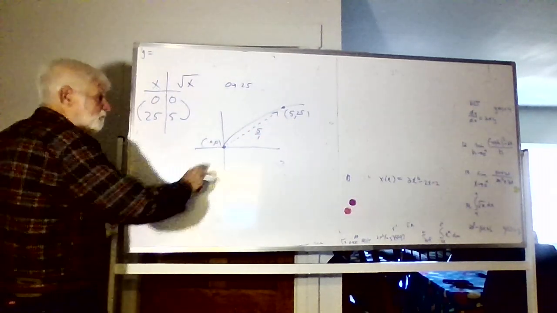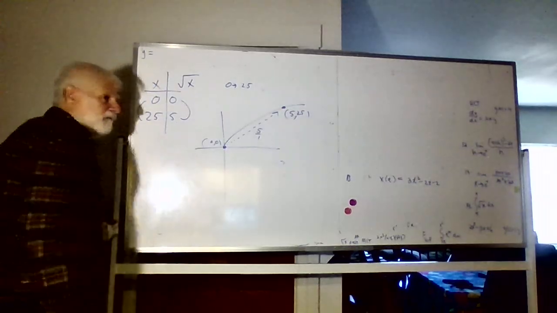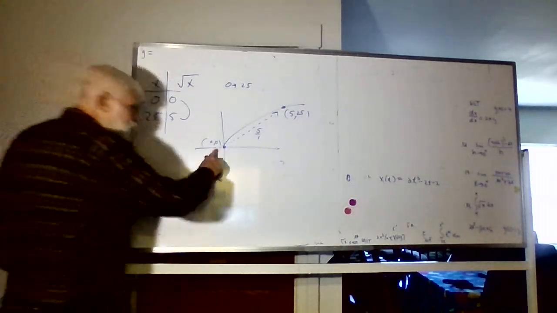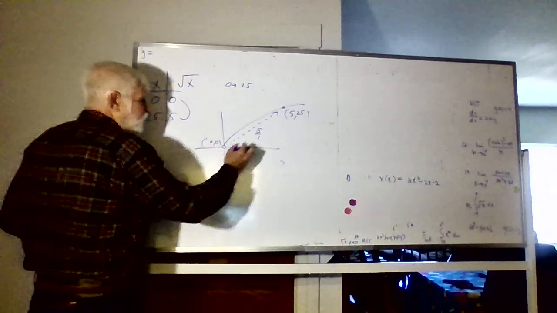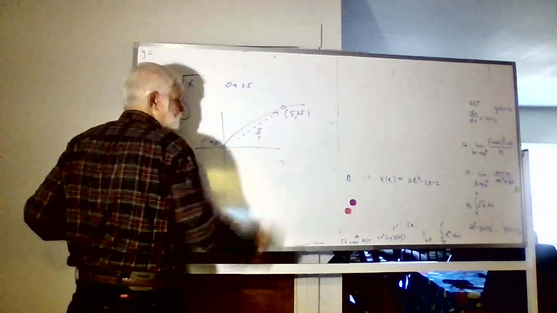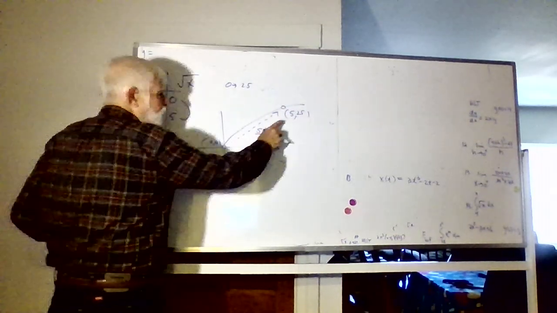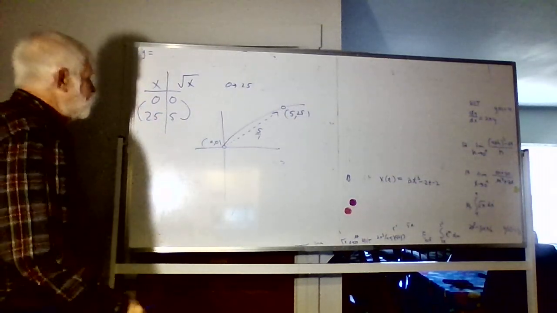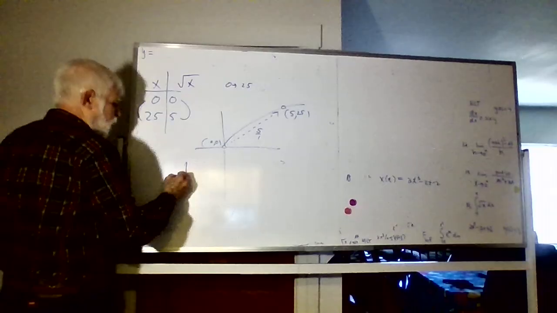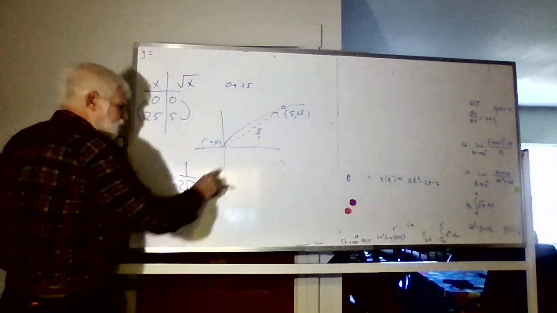So there's got to be some place on the interval for the mean value theorem for derivatives, because this is continuous over the entire interval, and I can take derivatives on the open interval. I can't take the derivative at 0 and at 25, but everywhere else in between I can. So let's take the derivative of the square root of x: 1 over 2 root x, I ask you to memorize that.